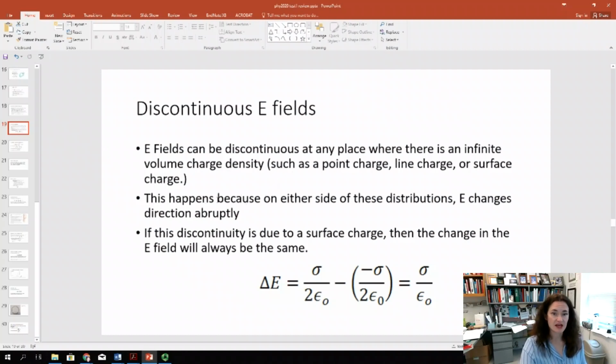And what happens is that causes a discontinuity in the electric field on either side of the distribution. The electric field can change direction abruptly or go from nothing to something. If that discontinuity occurs due to a surface charge, then the change in the electric field is always going to be the same. And it's always going to be sigma over epsilon naught. And remember that sigma here is your surface charge density, and epsilon naught is the permittivity of free space.